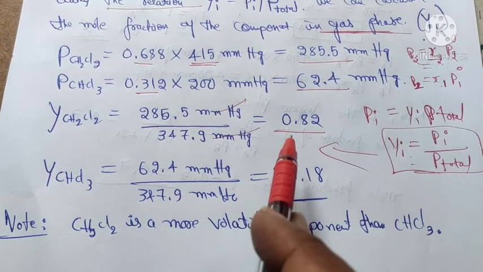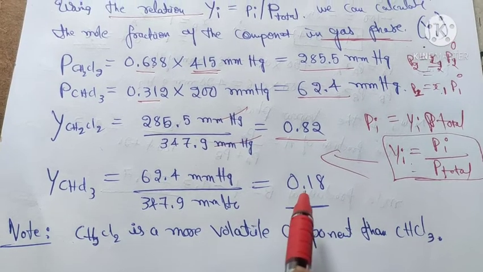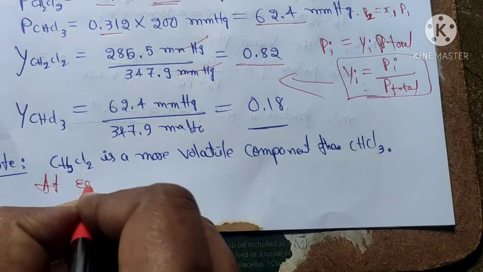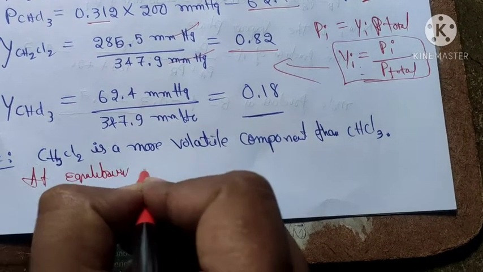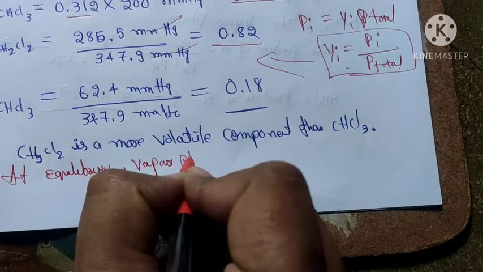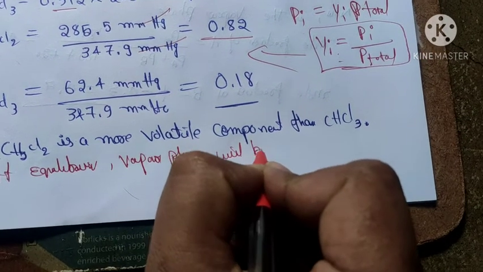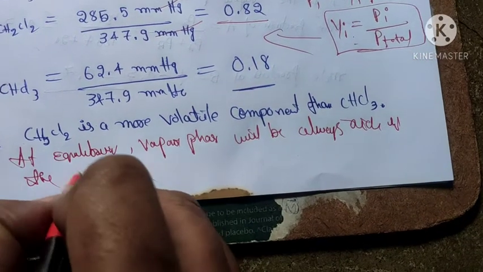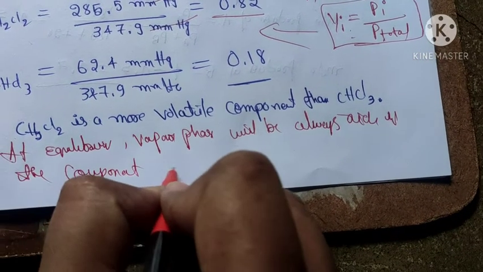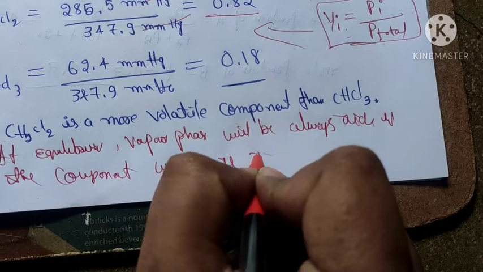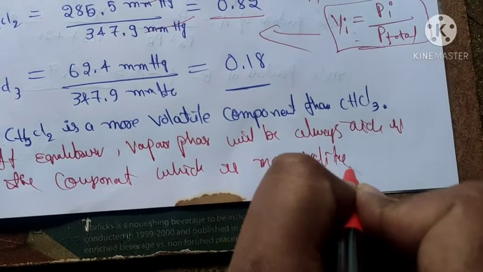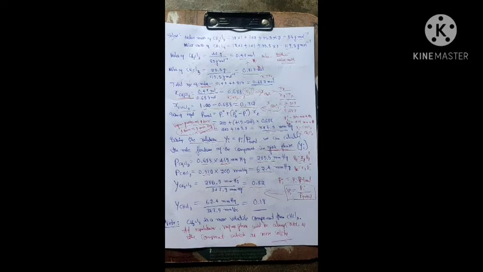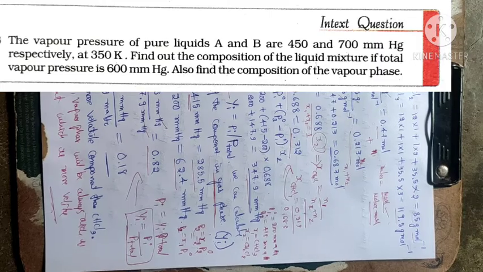This one has a higher volatile capacity compared to the other. Here is one more point: at equilibrium, the vapor phase will always be rich in the component which is more volatile. This is about the first problem's solutions. Okay, we go to the next one.